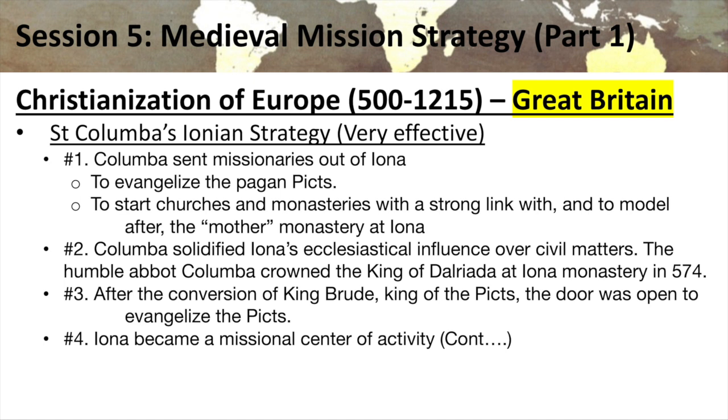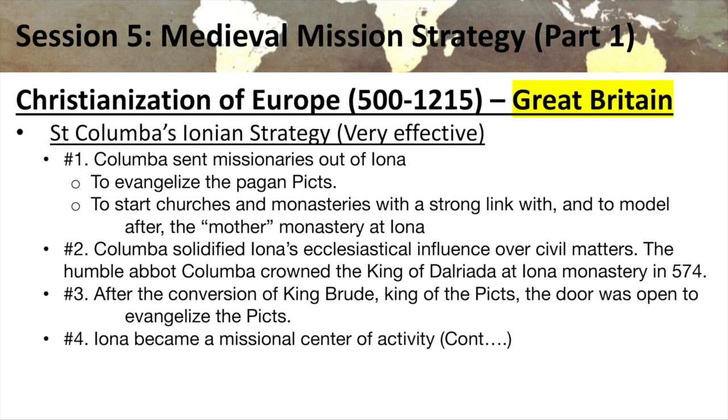Then number two, Columba solidified Iona's ecclesiastical influence over civil matters. Being a man who was looked at as a holy man, this humble abbot Columba, who was basically there to serve and minister, ended up crowning the king of Dalriada at the Ionian monastery in 574.